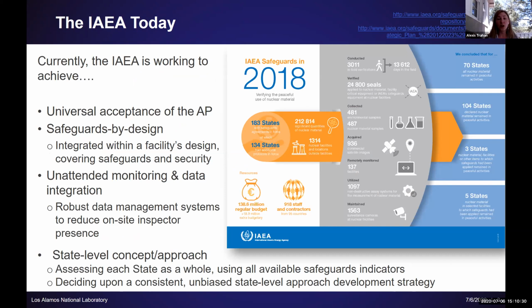They've got over 200,000 significant quantities of material that they're monitoring, in over 1,300 nuclear facilities. It's a massive amount of work that has to be done. And they're essentially a volunteer organization. They receive funding from their member states, but it's all on a voluntary basis.